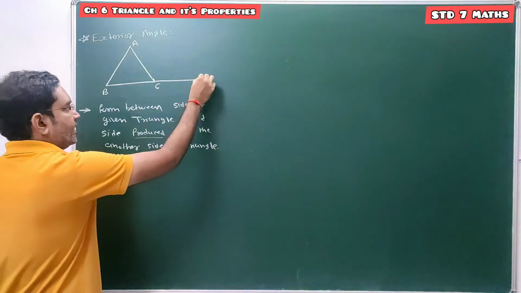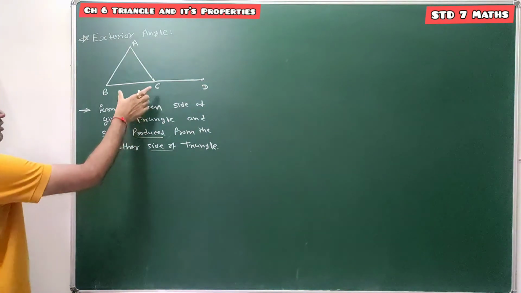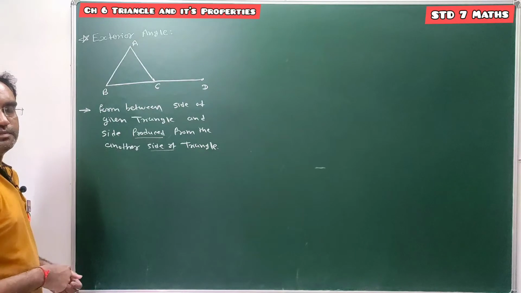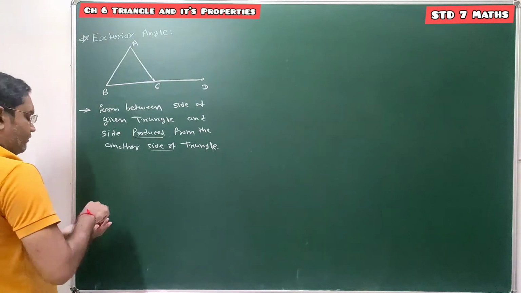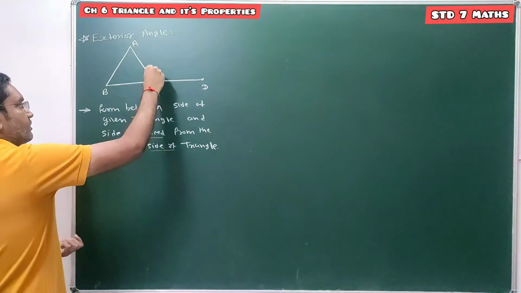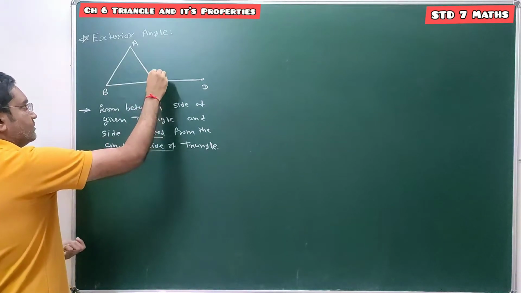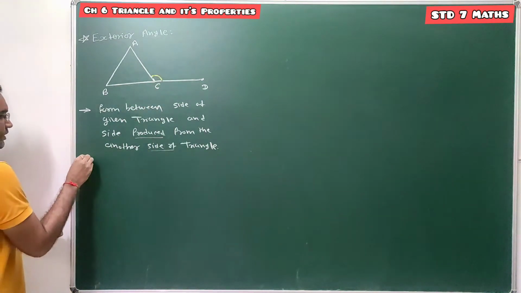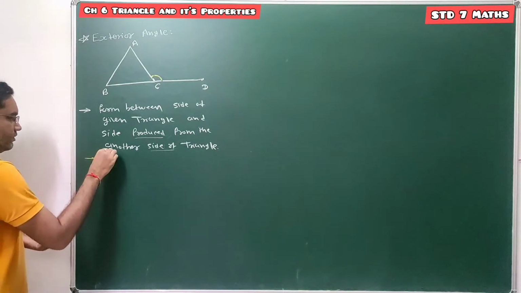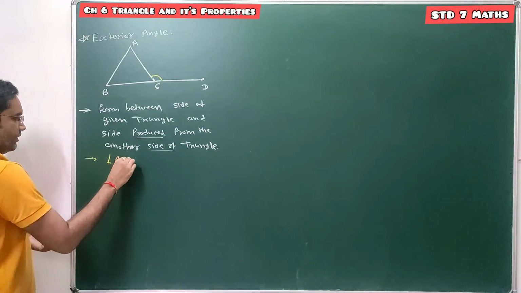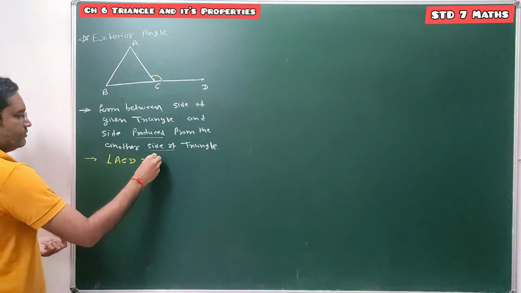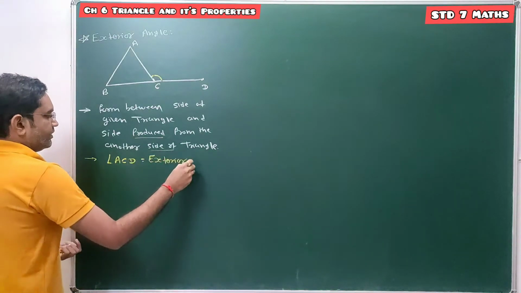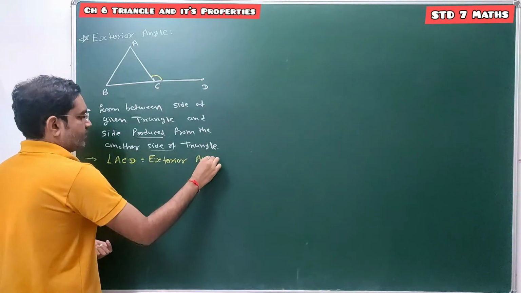So here we are getting one point D. This is known as the produced side of side BC. Here one angle is formed, that is angle ACD, and angle ACD is nothing but the exterior angle of triangle ABC.